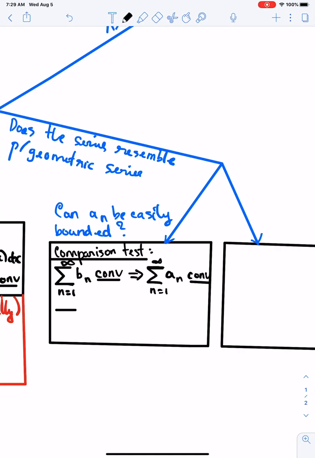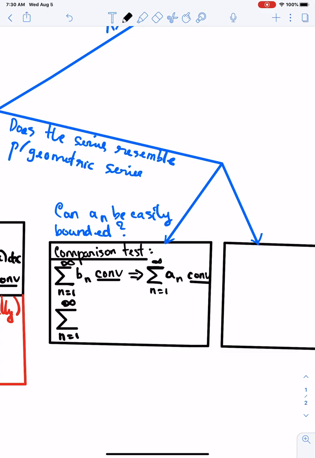Now, what about divergence? If b sub n is divergent, then I know nothing about a sub n. So for that case, we need a lower bound for a sub n.